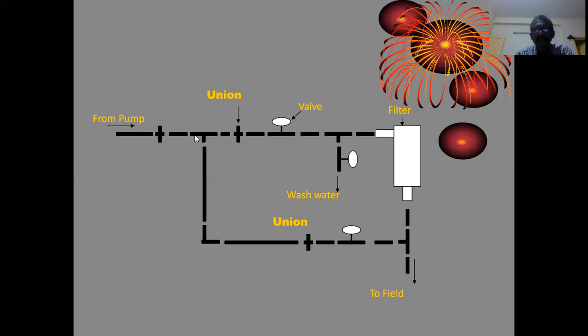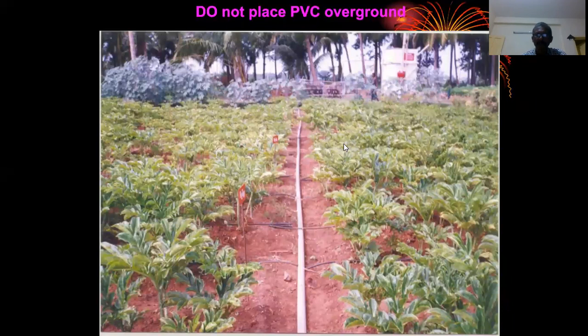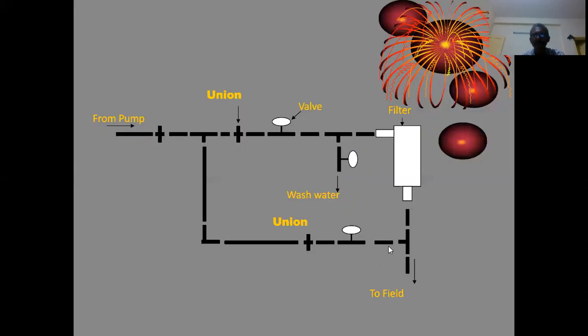First, during the normal filtering process, water goes this way and gets filtered and comes down like this. During this process, this valve will be closed. This valve also will be closed, and this valve will be opened, and water goes this way and comes down, and it goes to the field.